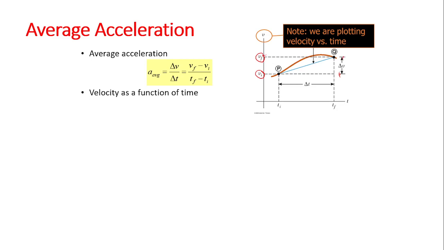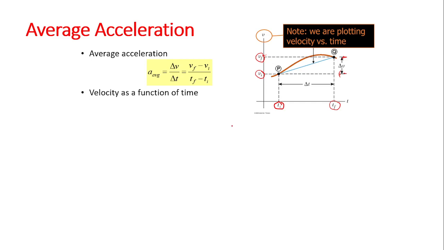From this point to that point is the change in velocity. Then for time, the y component is velocity and the x component is time. So you have initial time and final time. These will be applicable in our calculations.